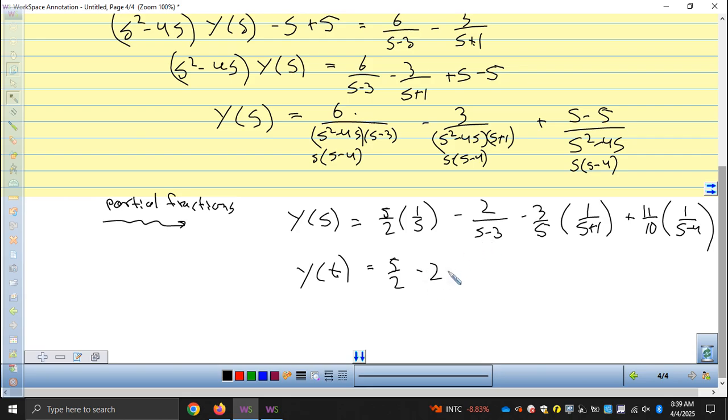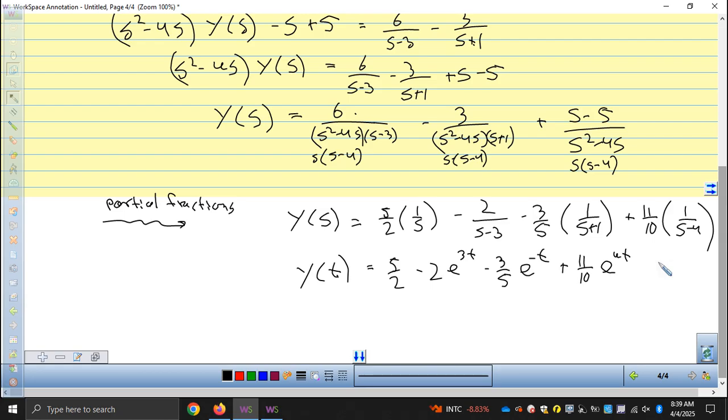So we get minus 2 e to the 3t. Inverse transform of 1 over s plus 1 is e to the minus t. And the inverse transform of 1 over s minus 4 is e to the 4t. And there's our solution.